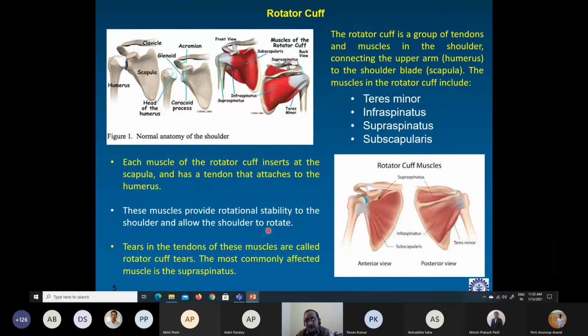You can already see that the cavity of the glenoid, which is a socket, is not that deep. It is a rather shallow cavity on which there is a hemispherical head of the humerus that rotates.